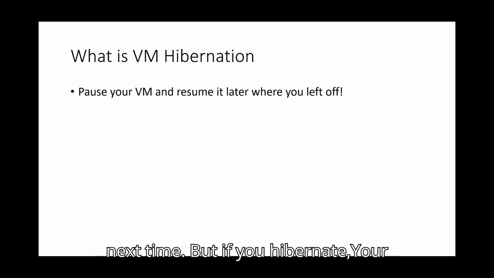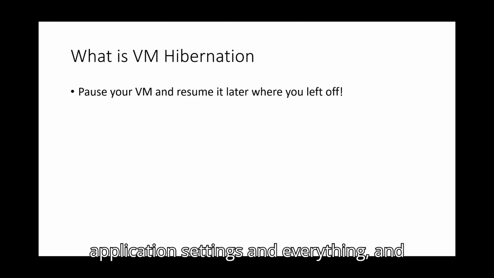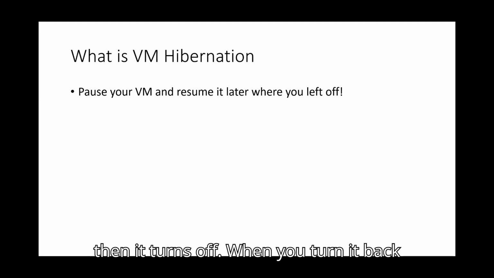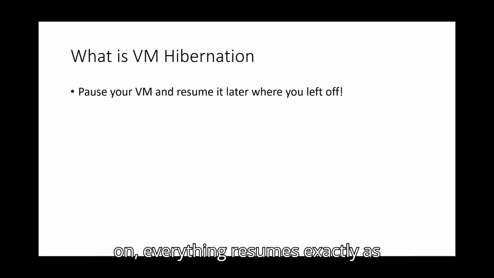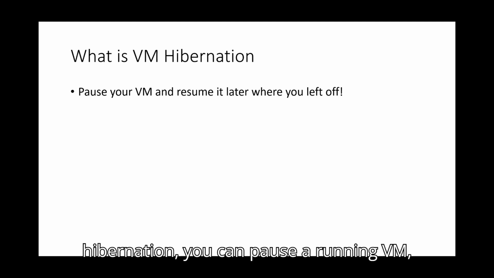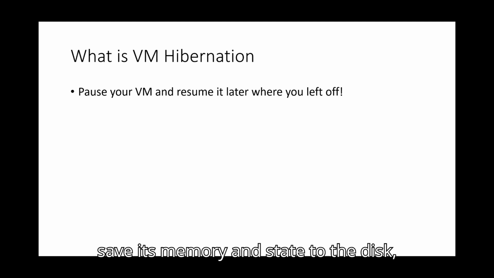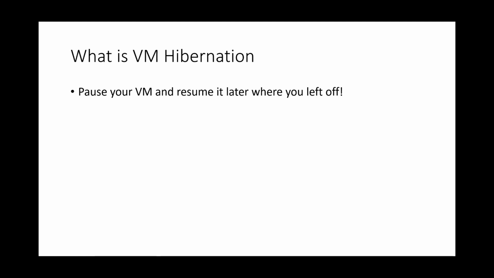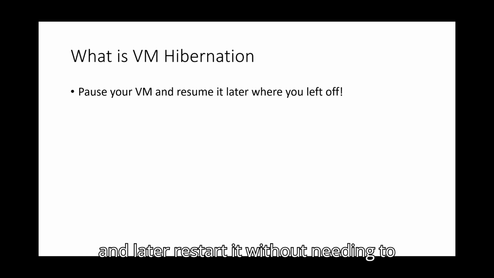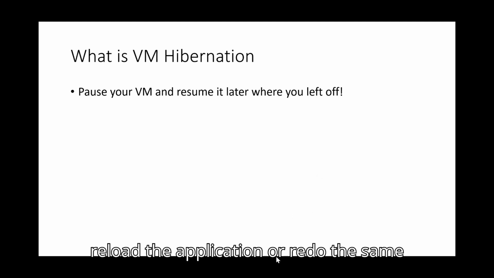But if you hibernate, your laptop saves everything, open files, application settings, and everything, and then it turns off. When you turn it back on, everything resumes exactly as before. Similarly, with VM hibernation, you can pause a running VM, save its memory and state to the disk, and later restart it without needing to reload the application or redo the same work.